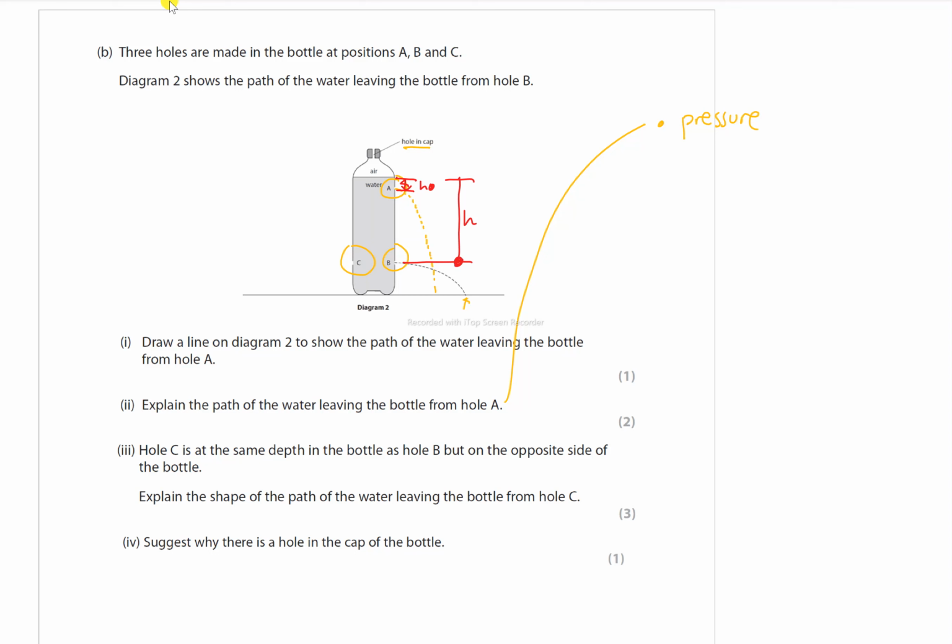So pressure is lower at A. Force acting on the water, so the force at this point A here is less.